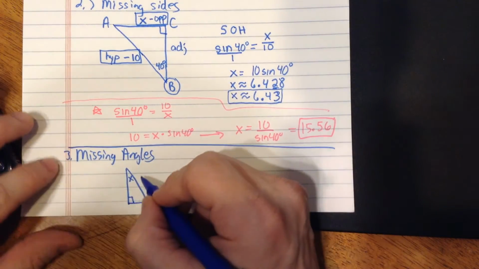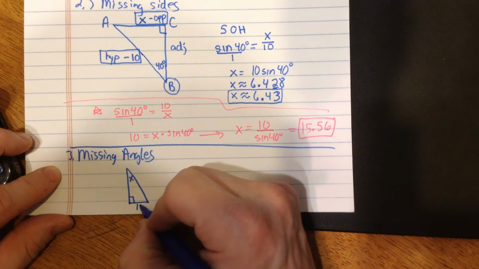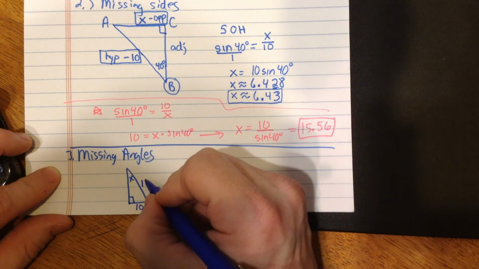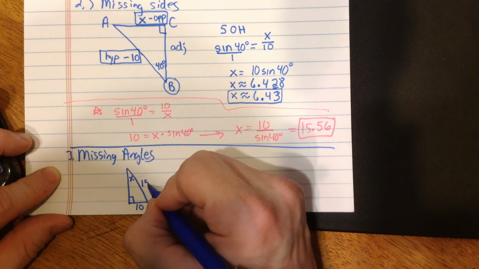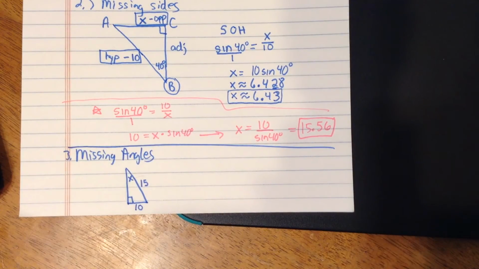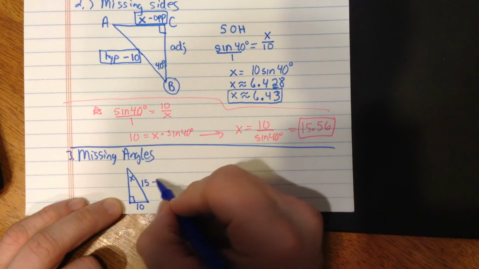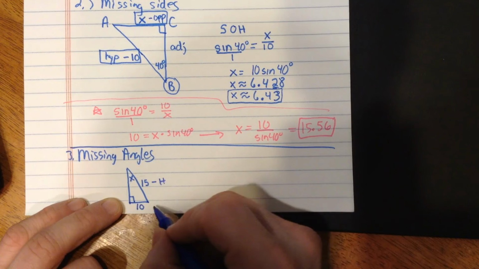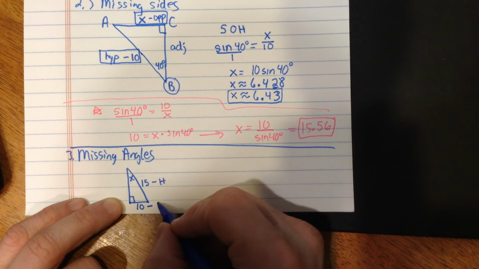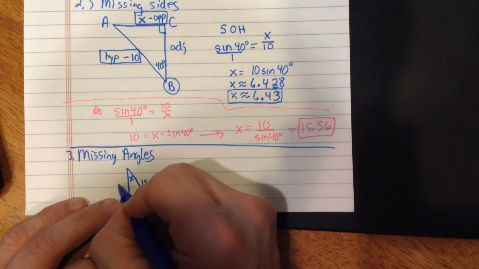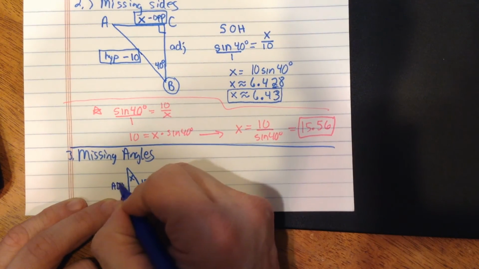Let's say 10 here and 15 there. And I want to find out what that is. We can do this with sine, cosine, tangent. So again, we identify what you have. This is your hypotenuse. This one is going to be your opposite. And this one is your adjacent.